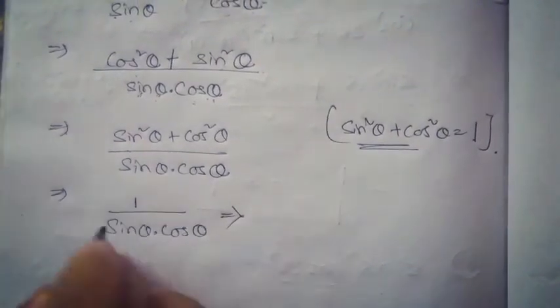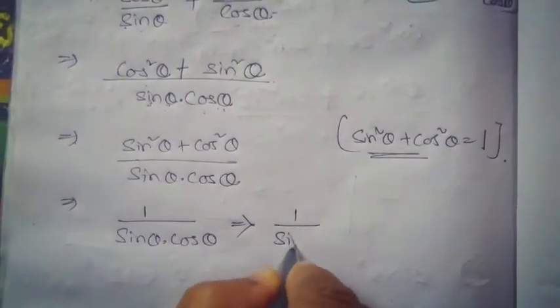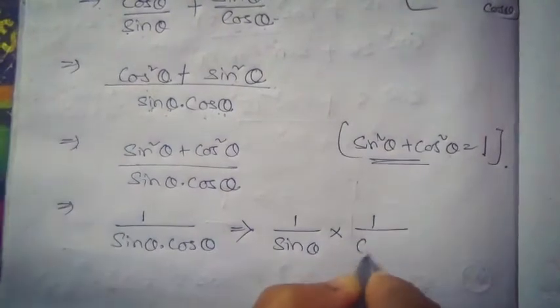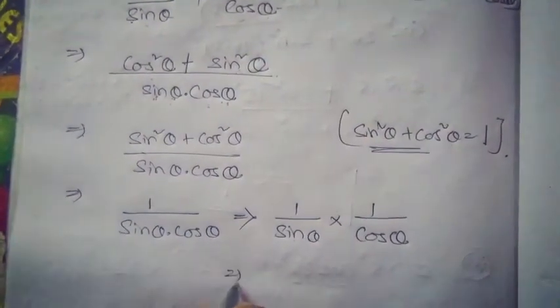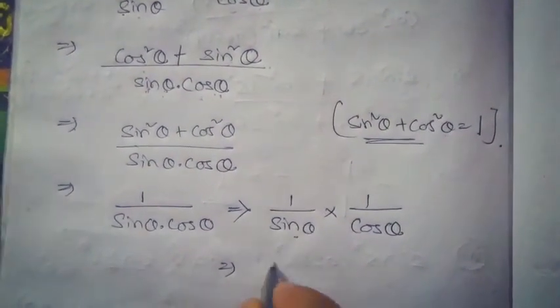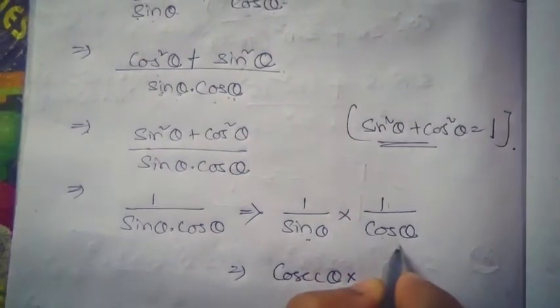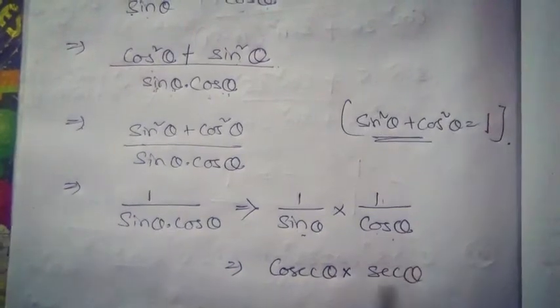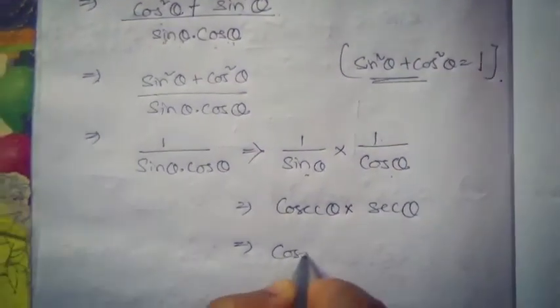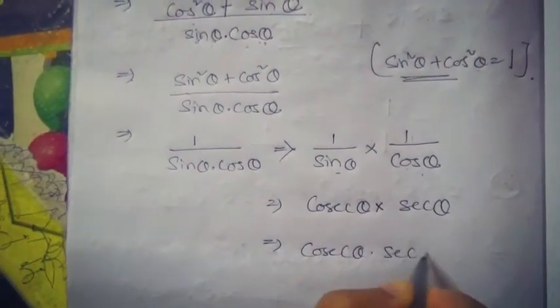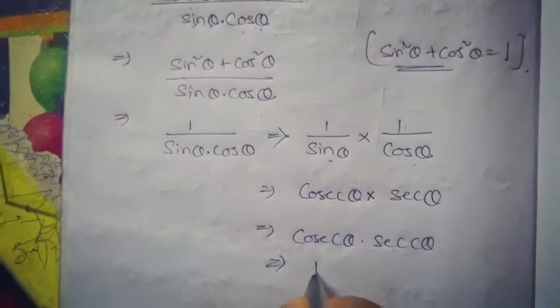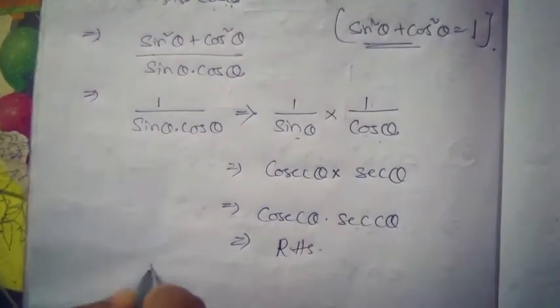We separate these two: 1 by sin theta into 1 by cos theta. What is the formula for 1 by sin theta? Cosecant theta. Into 1 by cos theta means secant theta. So here we have cosecant theta into secant theta. This is the RHS. Hence it is proved.